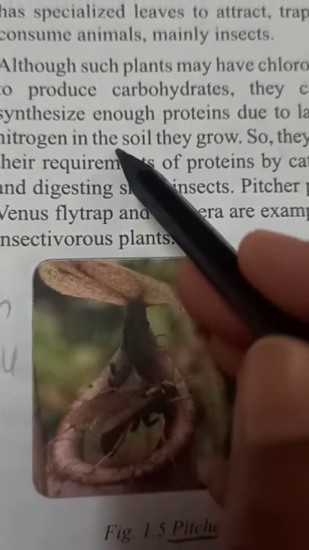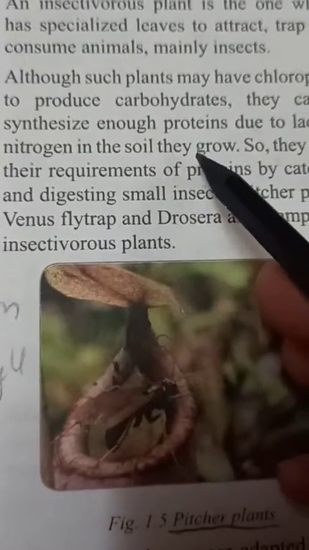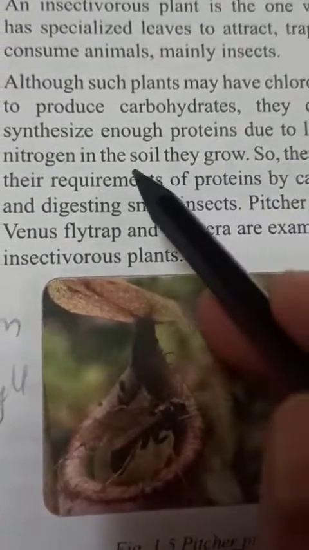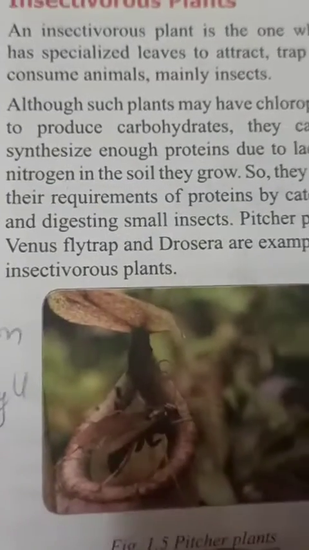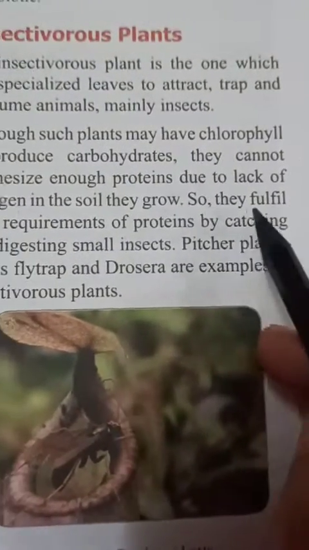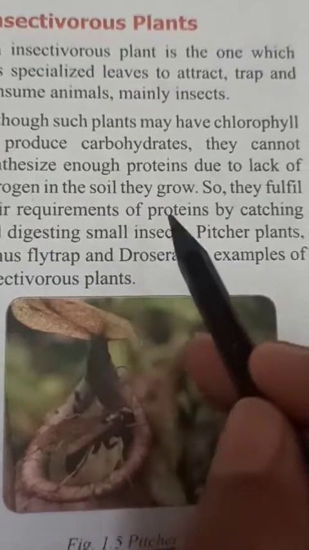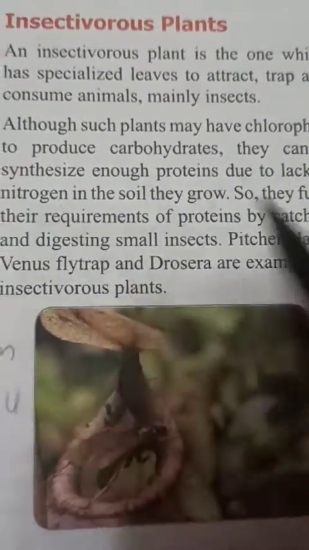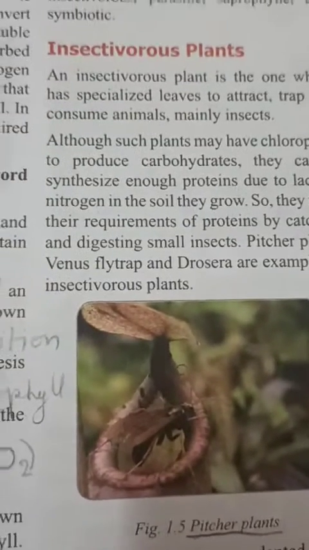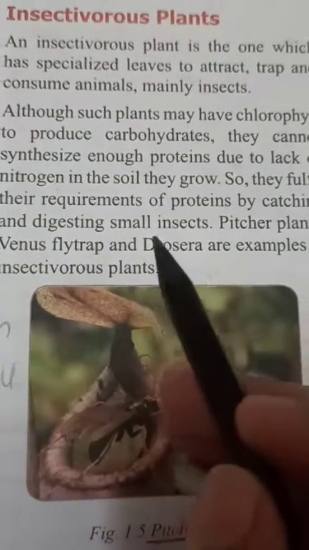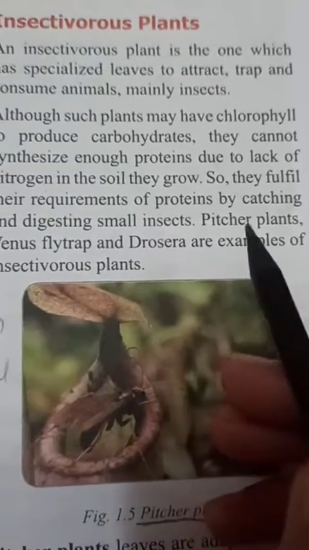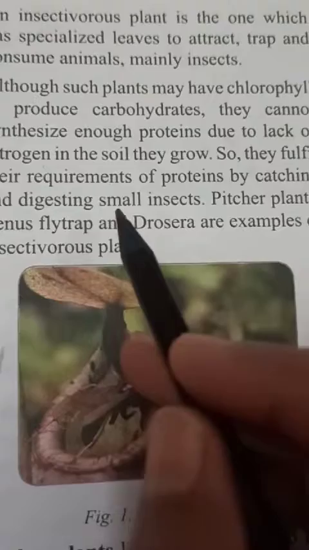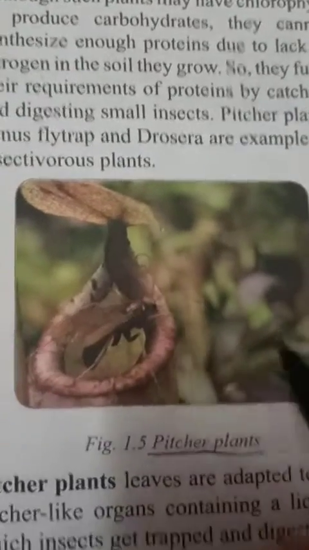They grow in soil where less nitrogen is present. So to fulfill their requirement of protein, or we can say nitrogen, they started catching and digesting small insects.